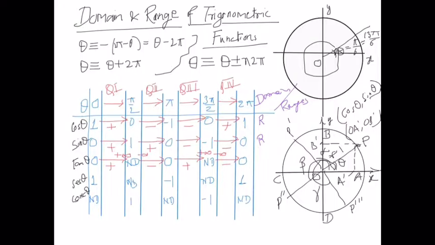And this we can see also in this unit circle, that cos theta is basically the projection of OP on the x-axis, which could vary from a minimum of -1, which is when P coincides with C, to a maximum of +1, which is when P coincides with A. And likewise, sin theta could vary from -1, which is when P coincides with D, the projection on the y-axis, to a value of +1 when P coincides with B. Therefore, we can write their range as the closed set -1 to 1 for both cos theta and sin theta.